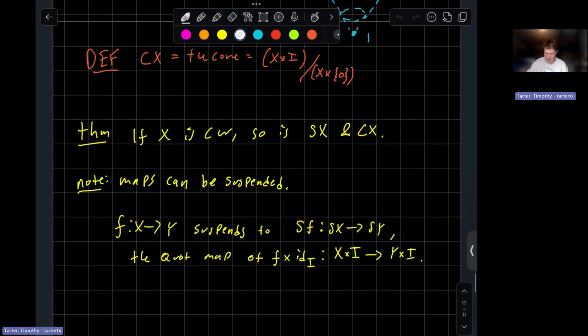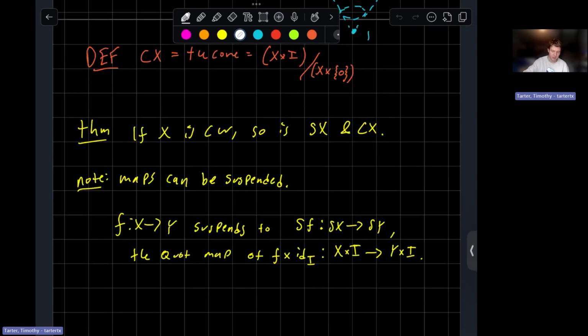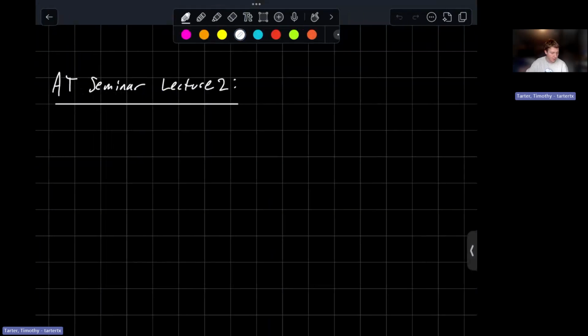So yeah, maps can be suspended. That was another construction that we had. And now we'll continue this with operations on spaces, continued.